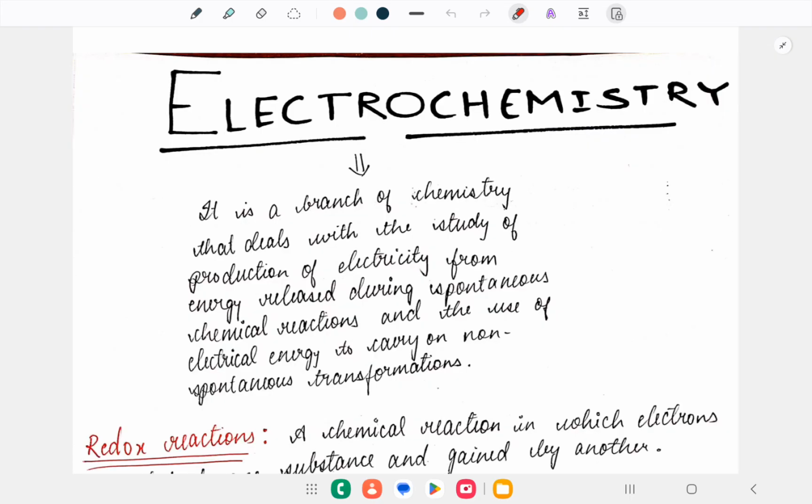Basically, it is a branch that deals with the study of production of electricity from energy released during spontaneous chemical reactions and the use of electrical energy to carry out non-spontaneous transformations.